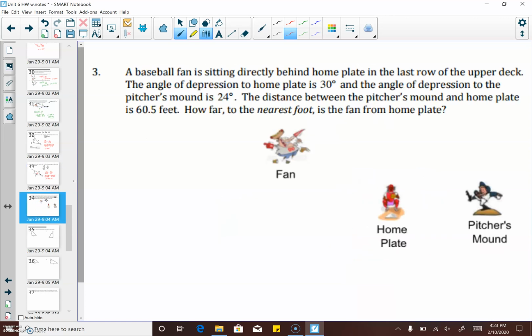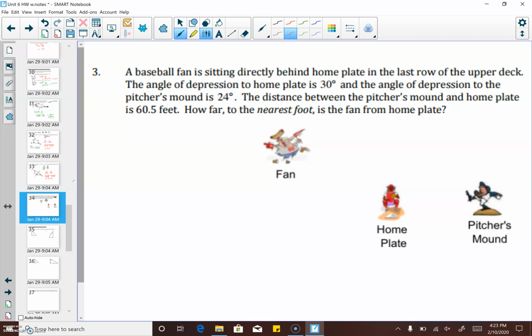In our last one, a baseball fan is sitting directly behind home plate in the last row of the upper deck. The angle of depression to home plate is 30 degrees, and the angle of depression to the pitcher's mound is 24 degrees. The distance between the pitcher's mound and home plate is 60.5 feet. How far to the nearest foot is the fan from home plate?